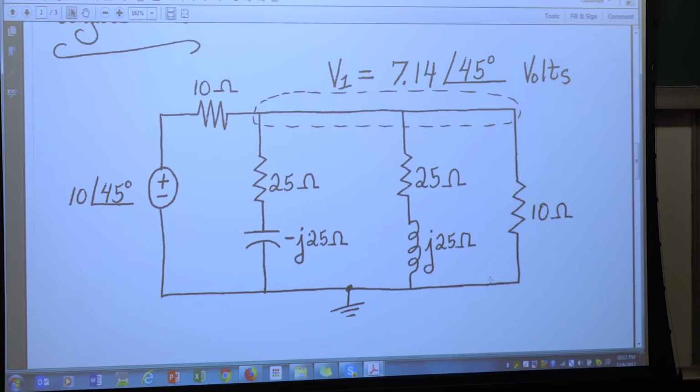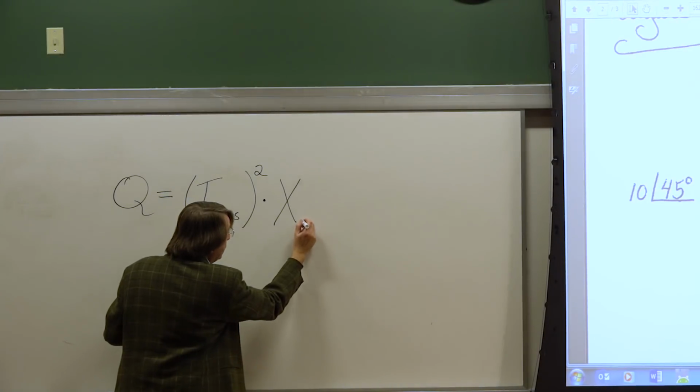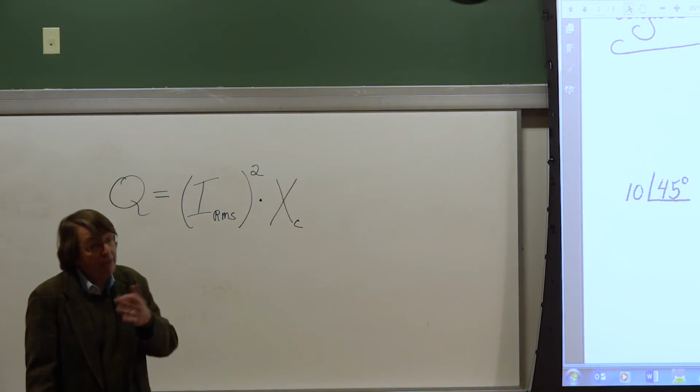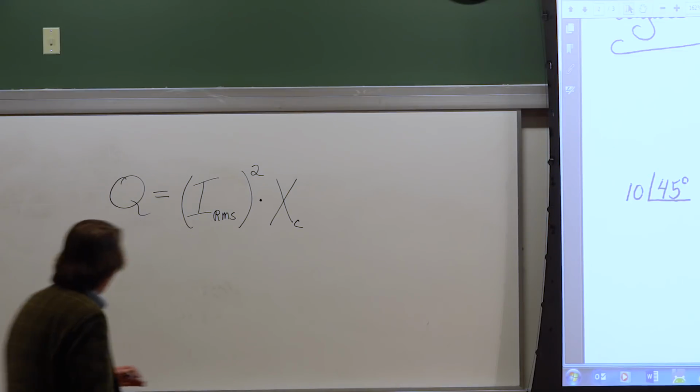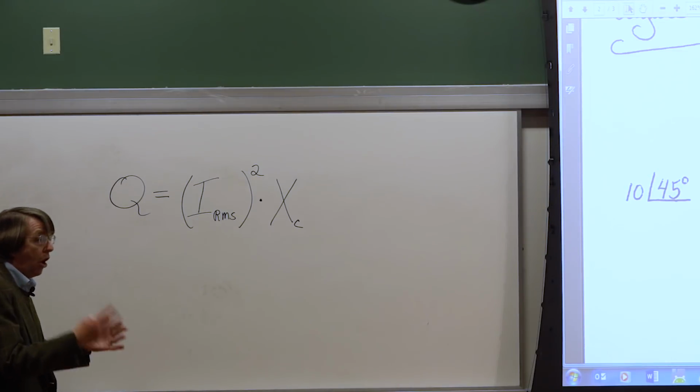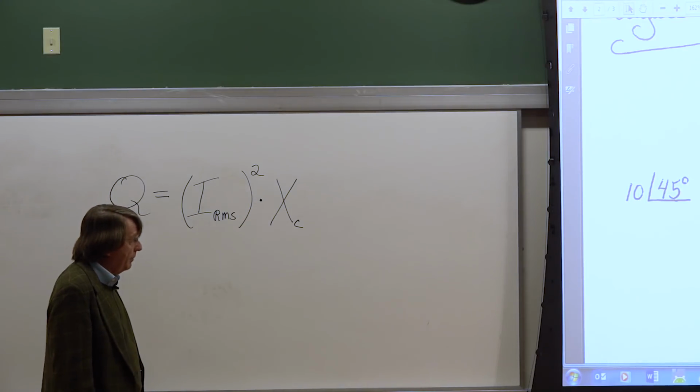It's IRMS squared times the reactance. And the reactance here is the reactance of the capacitor. Now, you don't have to memorize this formula. It's on the formula sheet, but there you have it. It's I squared R, very similar. IRMS squared times the reactance of the capacitance.